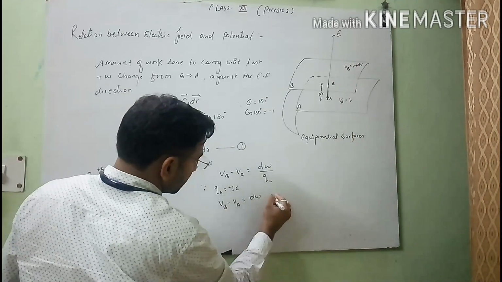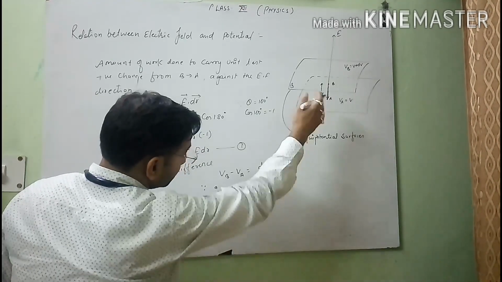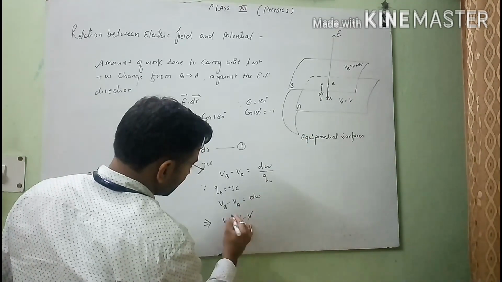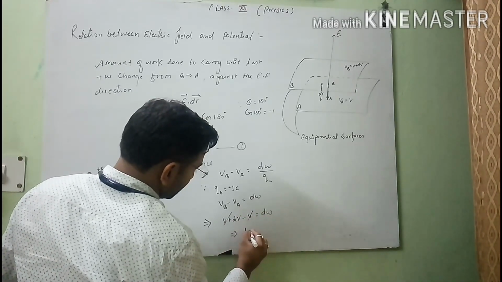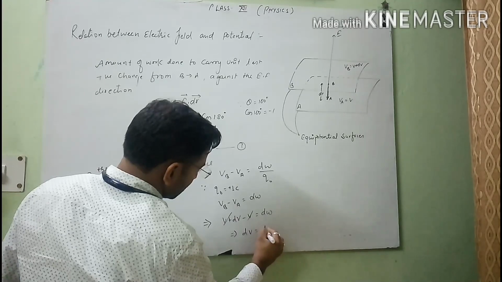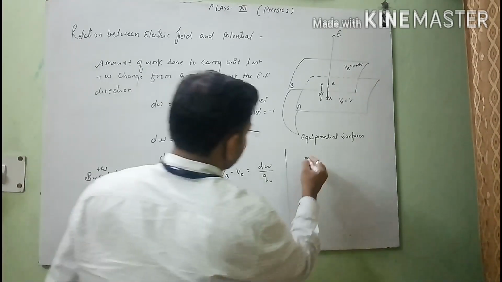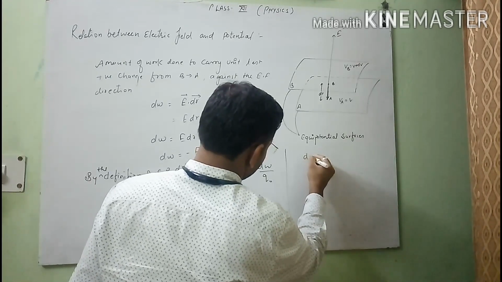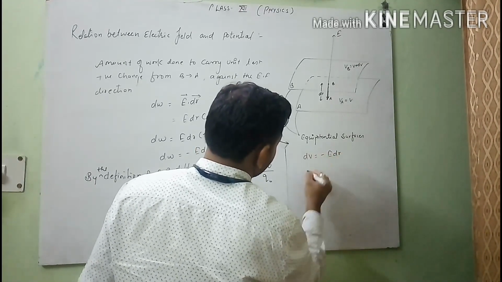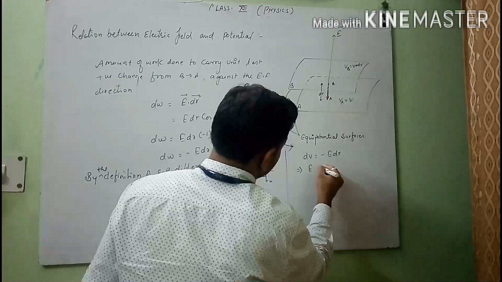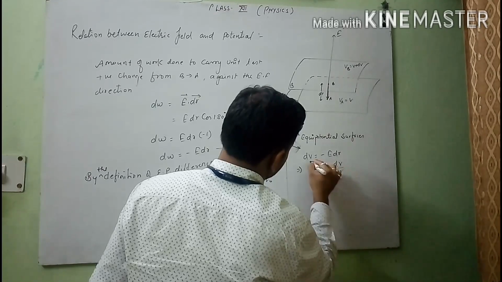Clear? So VB is V plus dV from the given diagram, minus V. After cancellation, dV is equal to dW, and you know that dW is minus E dot dr, so dV equals minus E dot dr. From this we get E equals minus dV over dr.